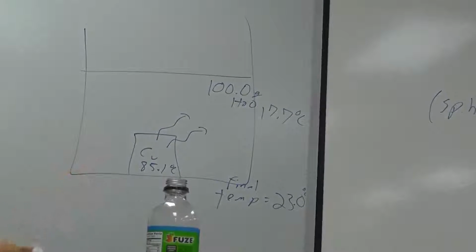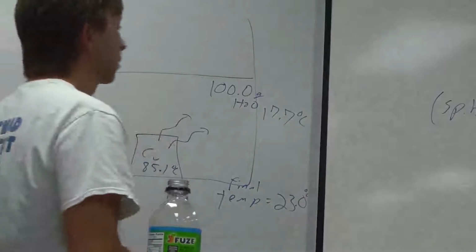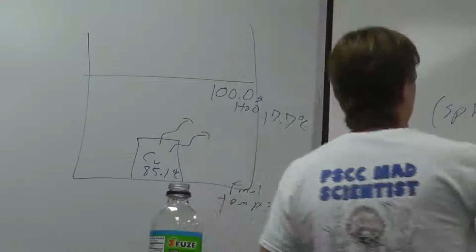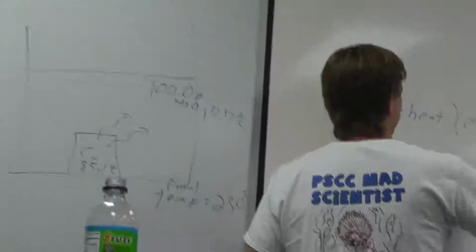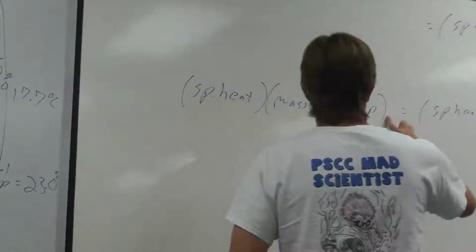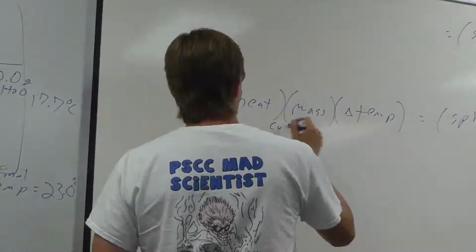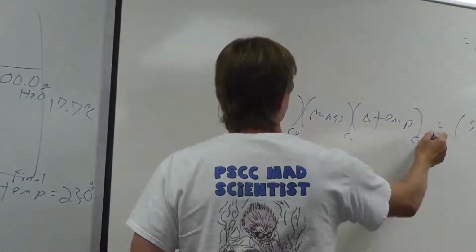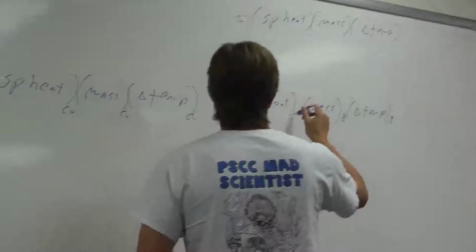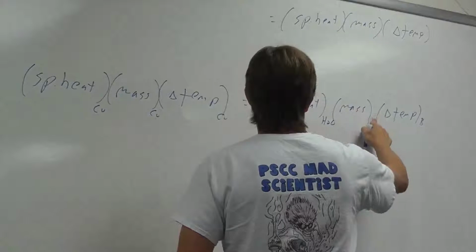So we're going to set up what's going on for the water and what's going on for the copper. For no particular reason, I'm going to set this up with copper on the left and water on the right. It doesn't matter as long as you're consistent.